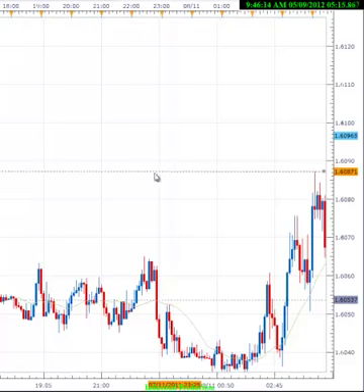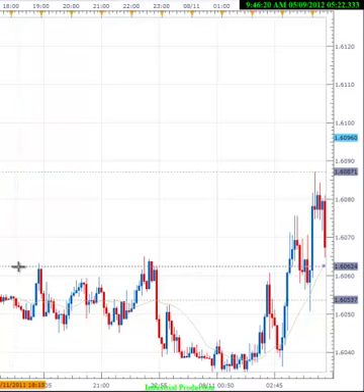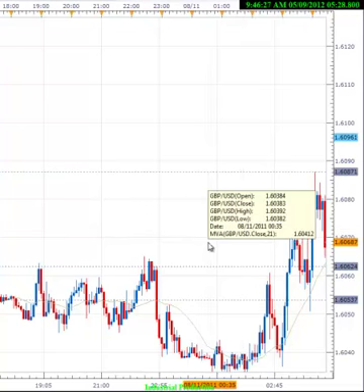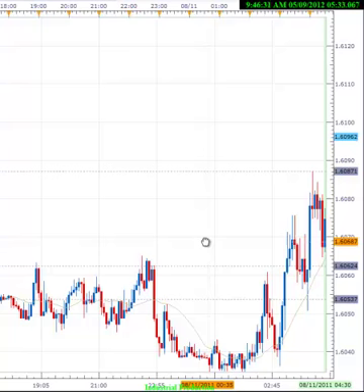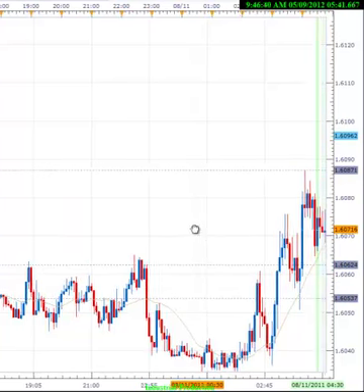Resistance, and more resistance out here, which might now be support, and that's about it. So let's look at what happens. It's a long candle. That means I'm looking to buy, and let's see whether I get an entry.